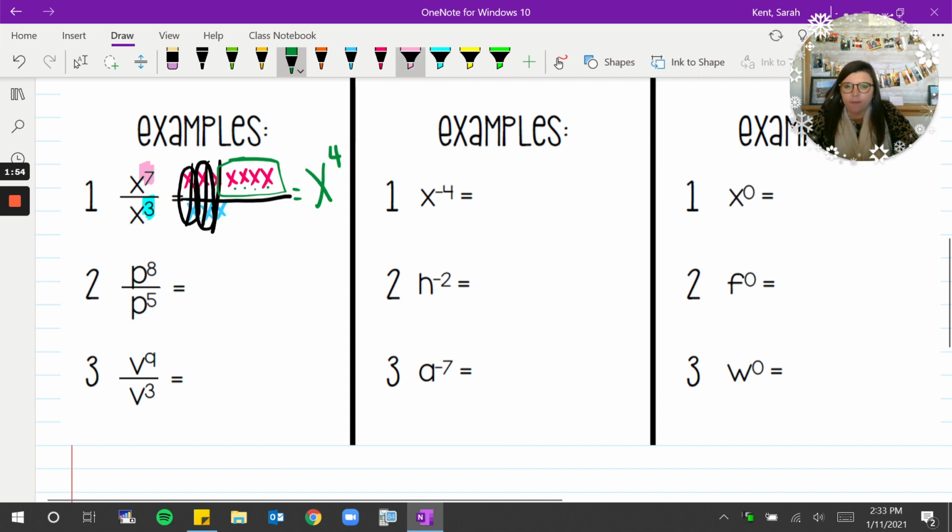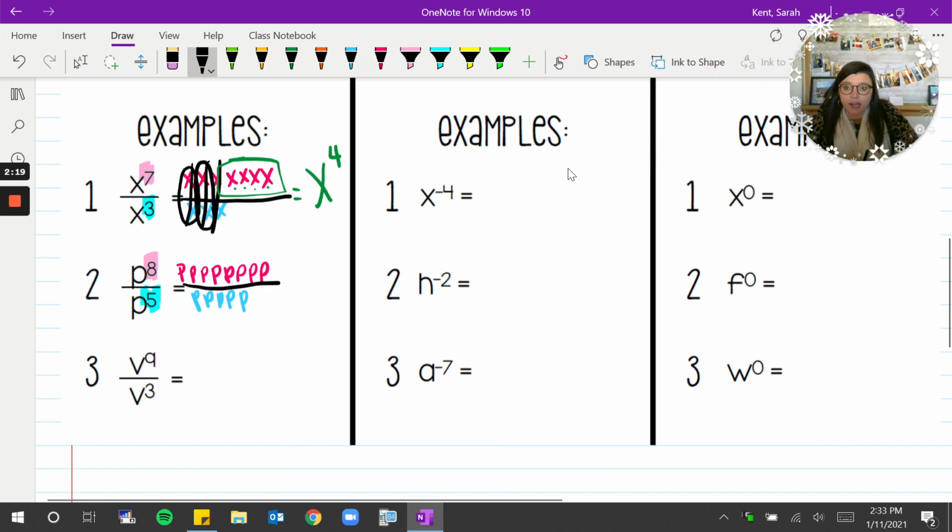Let's look at another. Number 2, p to the power of 8. That means I have 8 p's: 1, 2, 3, 4, 5, 6, 7, 8, over p to the power of 5. So that means I've got 5 on the bottom: 1, 2, 3, 4, 5.